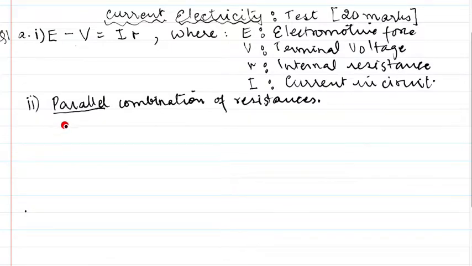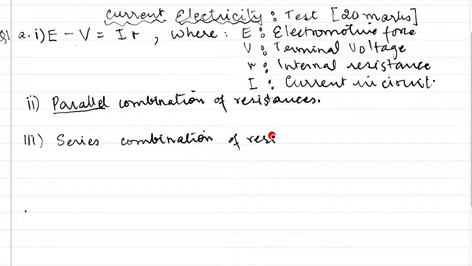State the combination of resistors in which the potential difference between the individual resistors depends upon the value of its resistance. So that will be the series combination of resistances. Because in series, when we have the resistors connected like this, the current through each resistance is the same.